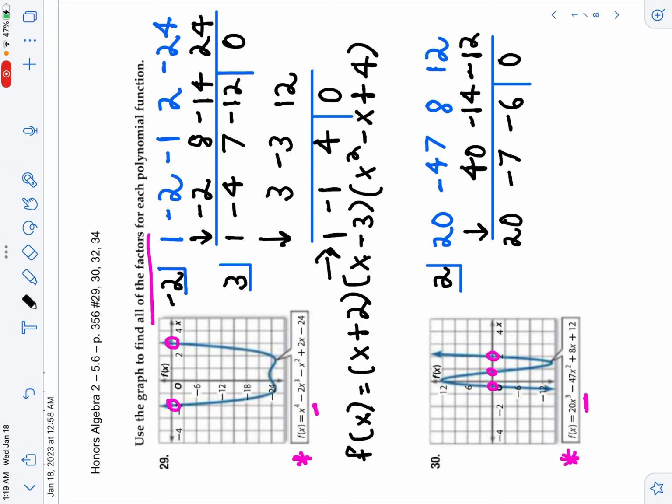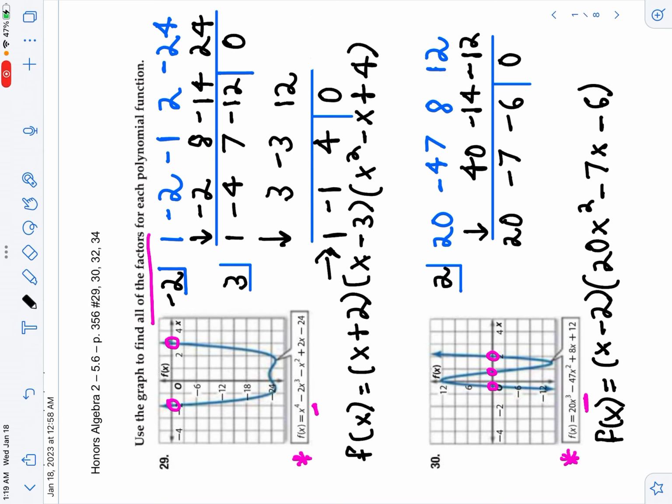So now what I know here is that f of x in factored form is going to be x minus 2, and then 20x squared minus 7x minus 6. This time, I think it's quite possible that this may factor. I'll go with 5x and 4x. And let's see. I need to get 7, so I would go with 3 and 2.